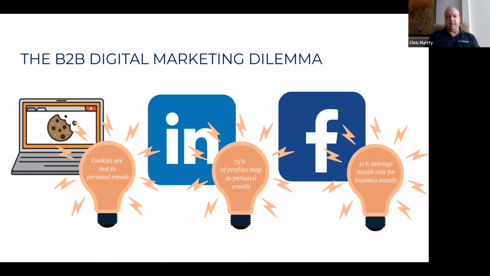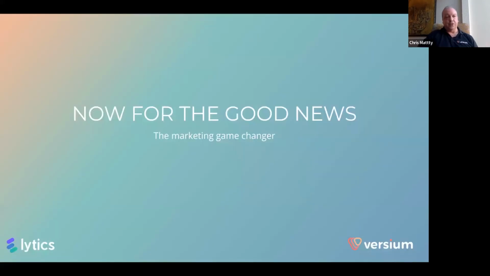So if you've got that list of 100,000 marketing decision makers that you want to put digital ads in front of, if you upload those into Facebook, Google, or onboard through a LiveRamp, Facebook, you're only going to match 11%. They're only going to find 11% of those people. They all allow you to upload direct lists to target, but if that is a business list, it just simply doesn't work very well.